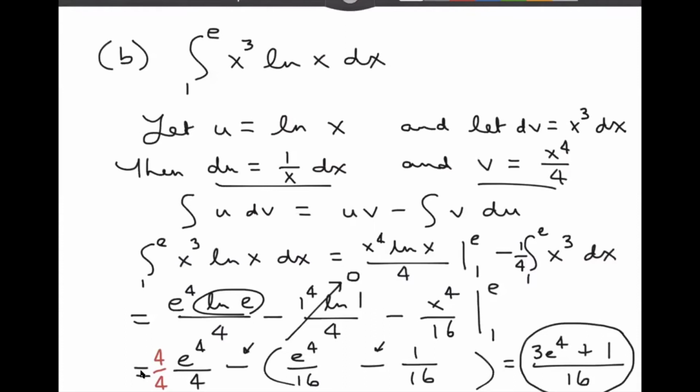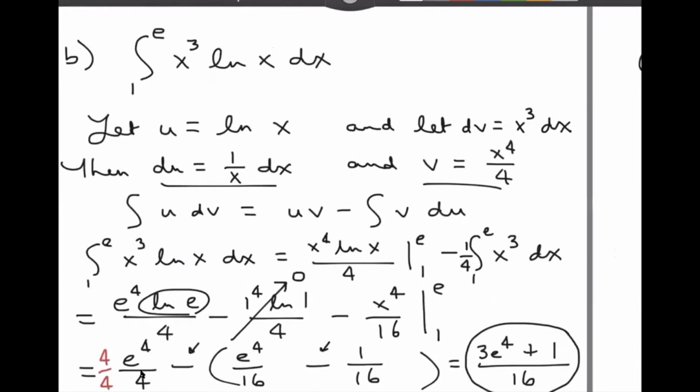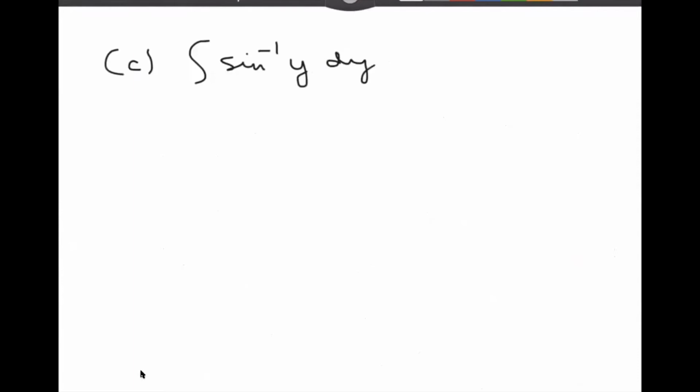All right, and then the last example in this batch might look a little funny. It's just the integral of inverse sine y dy. So it turns out that integration by parts is useful for integrating certain single functions. And the inverse trig functions are an example of that.